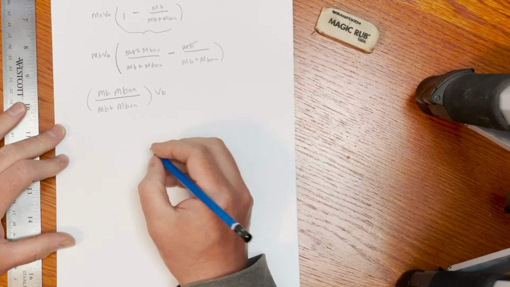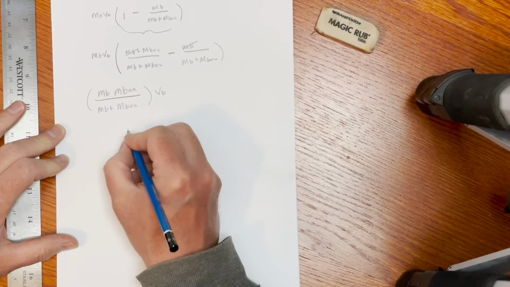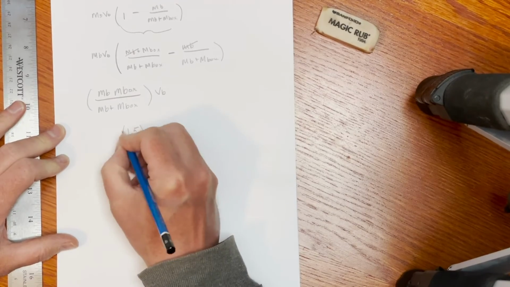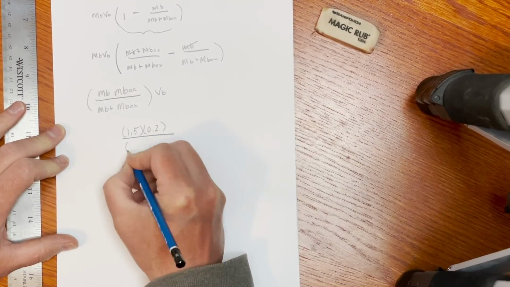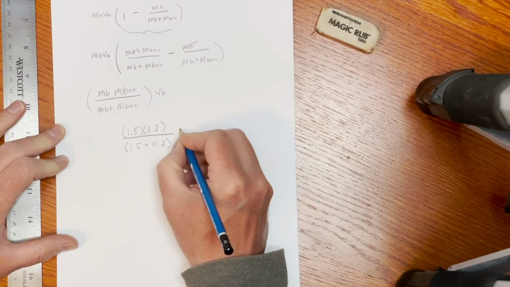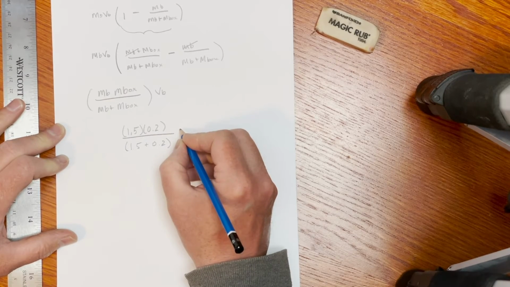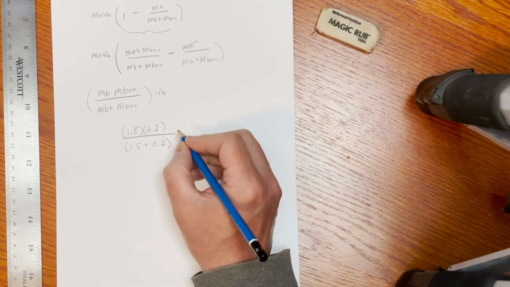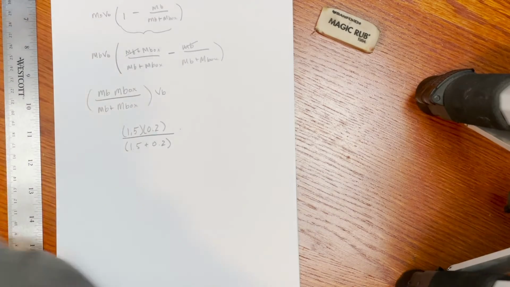So if I go ahead and compute that, I put in 1.5 for the mass of the box, I put in 0.2 for the mass of the bullet, and then I add those together at the bottom, and I multiply that whole thing by my original velocity, which was, I don't remember, 400 meters per second.